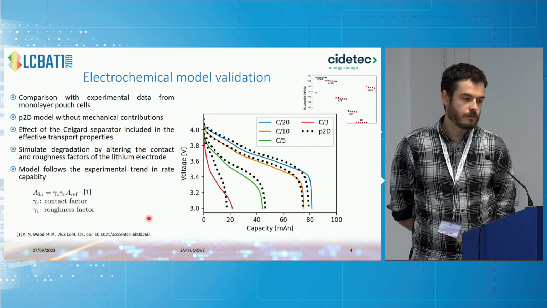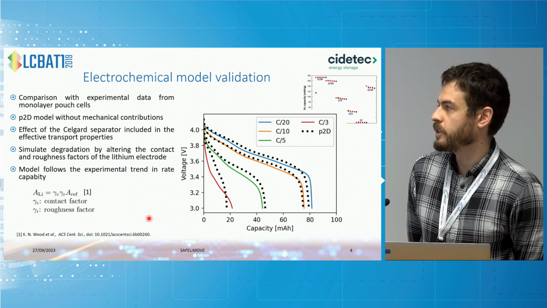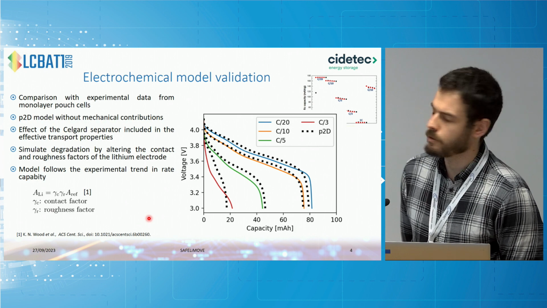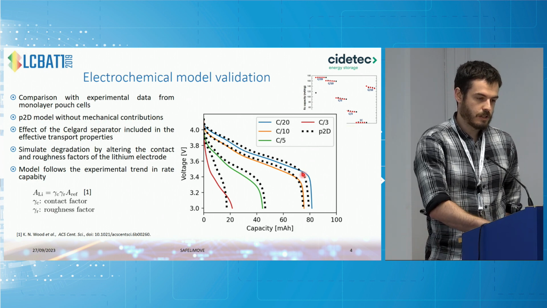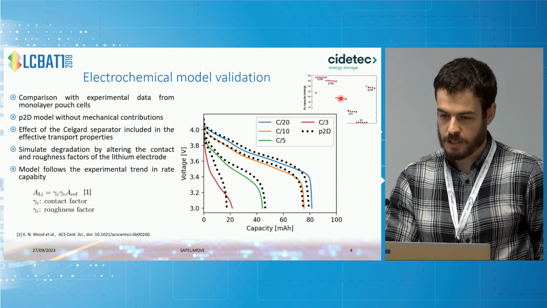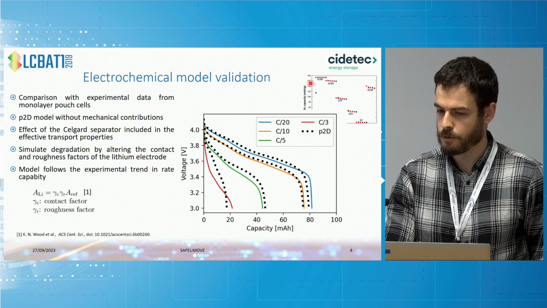So these are the results of the pure electrochemical validation. The parameterization was done for the individual materials at CDTech and also at our partners. We can see here a comparison with some experimental C rates, in the upper right corner, that were done for a monolayer cell.